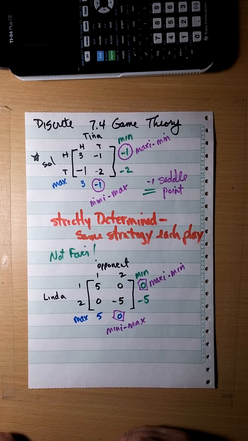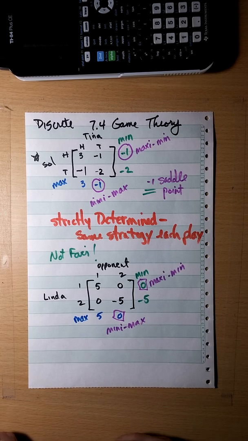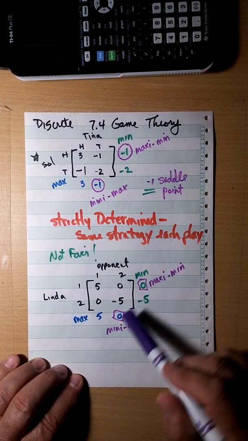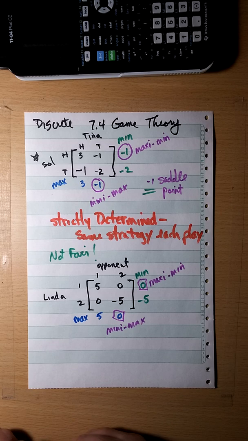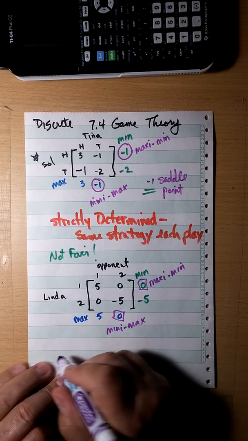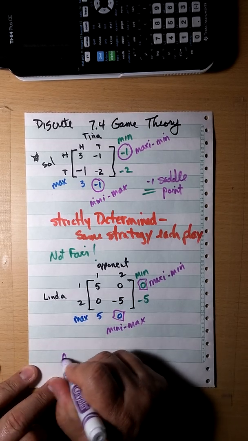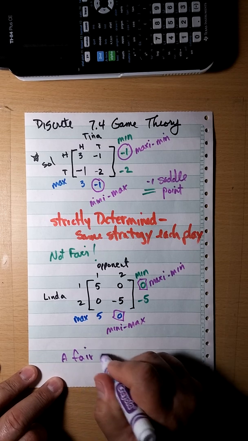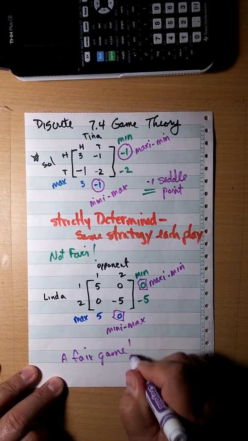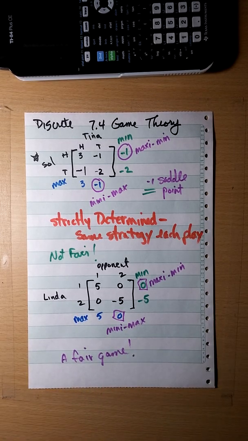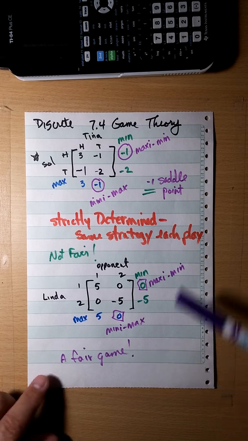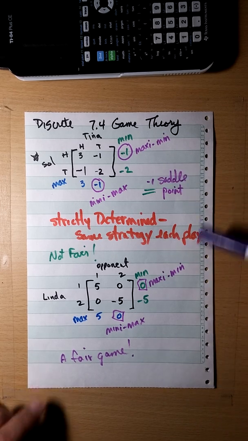For the opponent, the best strategy is to show 2 fingers. Now, since this payoff, this saddle point, is 0, then this is a fair game. A fair game is when the value of the game is 0. Here, the value of the game is that -1.